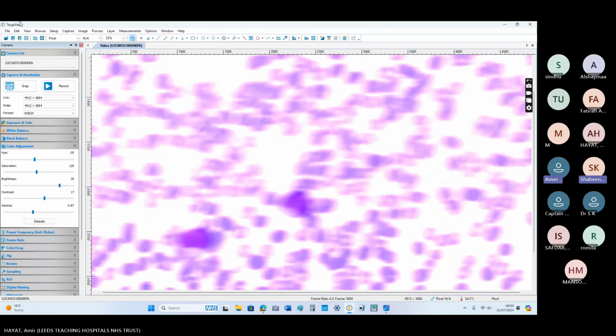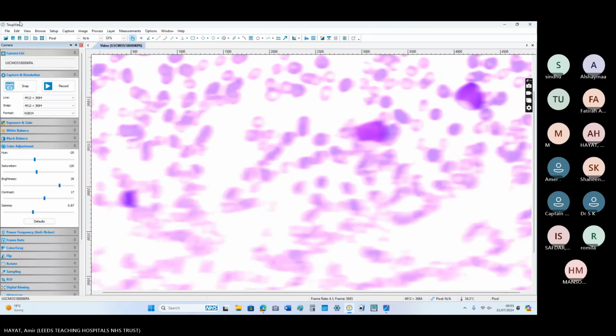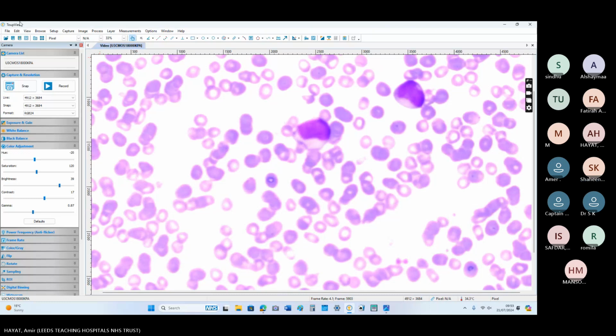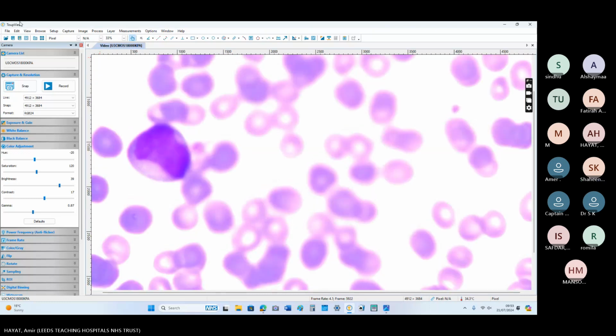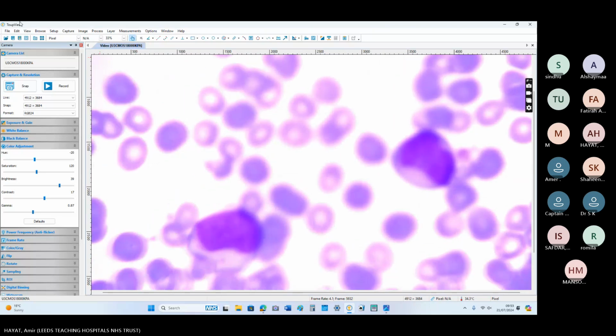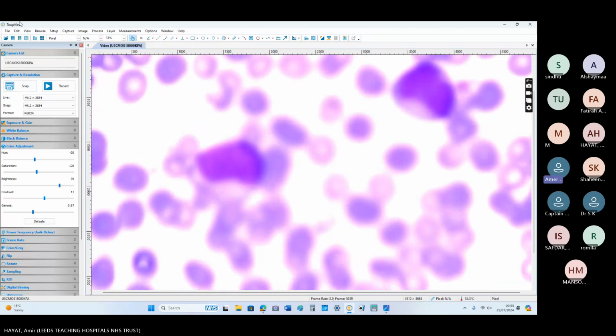Okay, so you can start reporting the blood film. The first question is report the blood film.